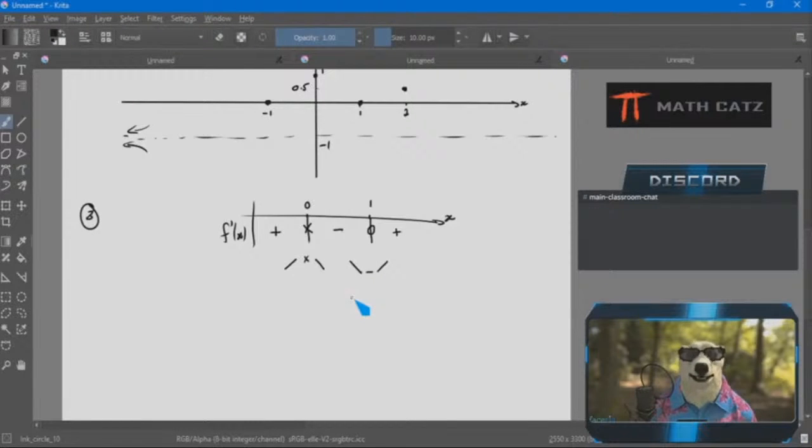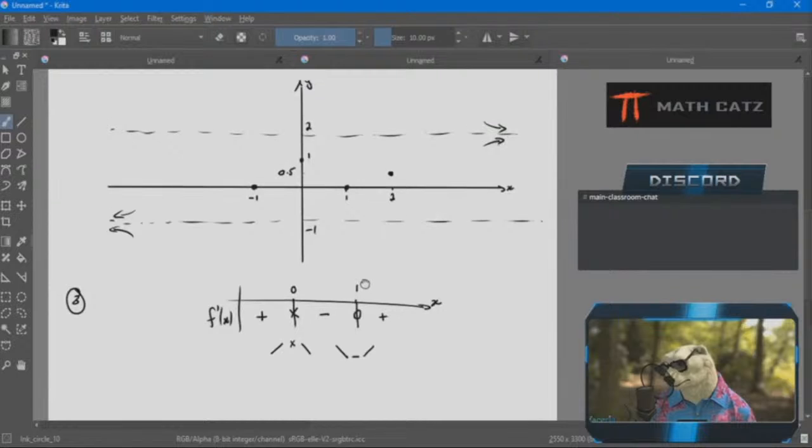Now, remember the function is defined everywhere. And if I then have a derivative that's undefined, that's going to have to be, for us, a vertical tangent line. Can that even happen? At 0, which is at this y-intercept, there's a vertical tangent line.